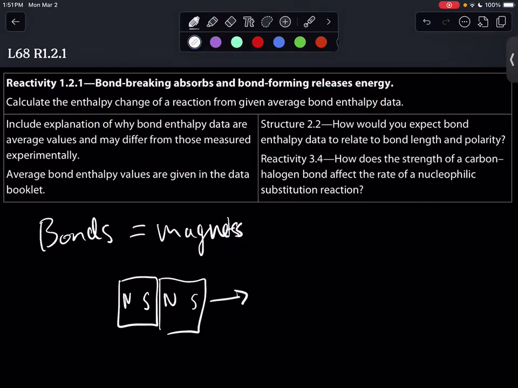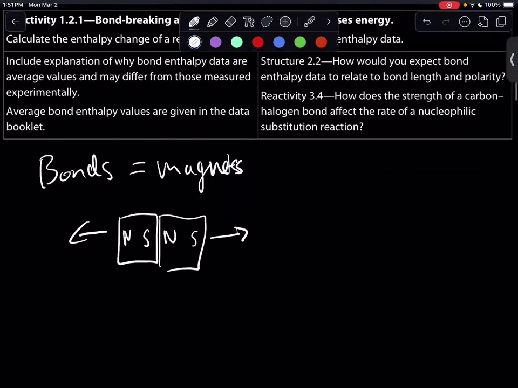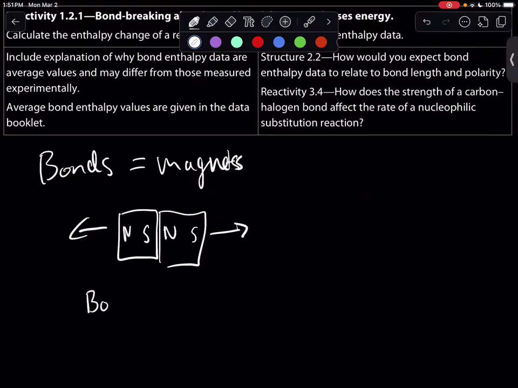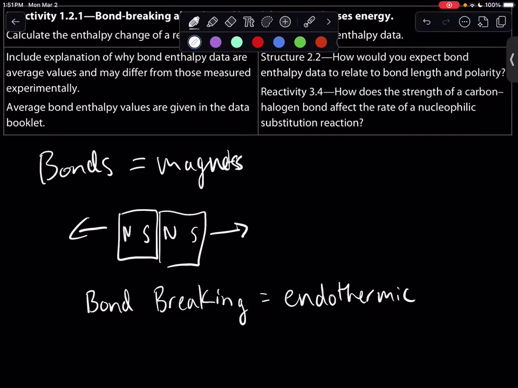Now, if you want to pull two magnets apart, that takes a lot of energy. What that tells us is that to break a bond, or bond breaking, must be endothermic. We literally have to apply energy to break that bond.